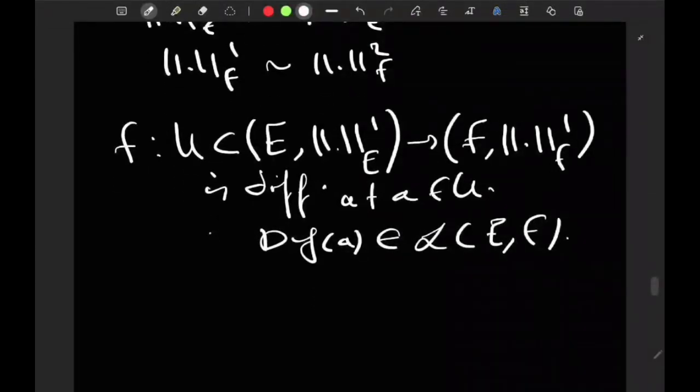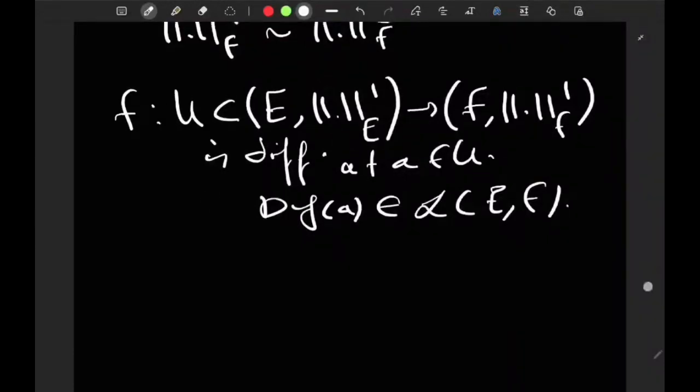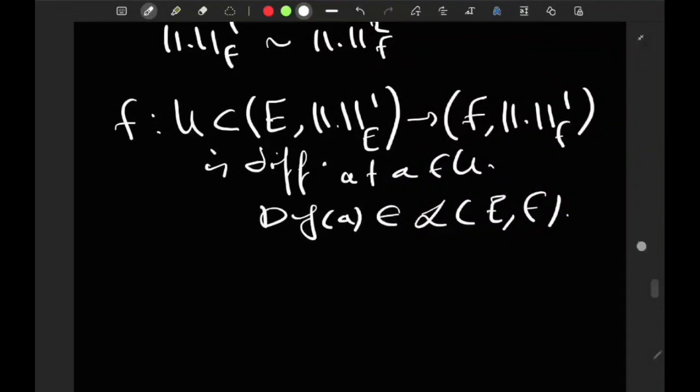Let's call it the derivative with respect to these norms. And let's verify that it is the same as differentiability with respect to the other norms that we said are equivalent.